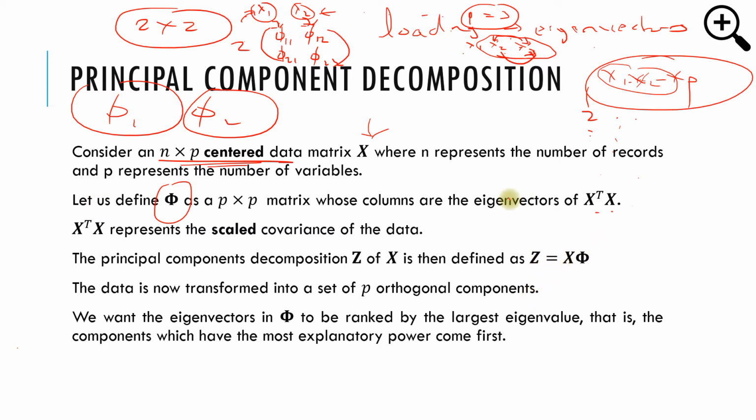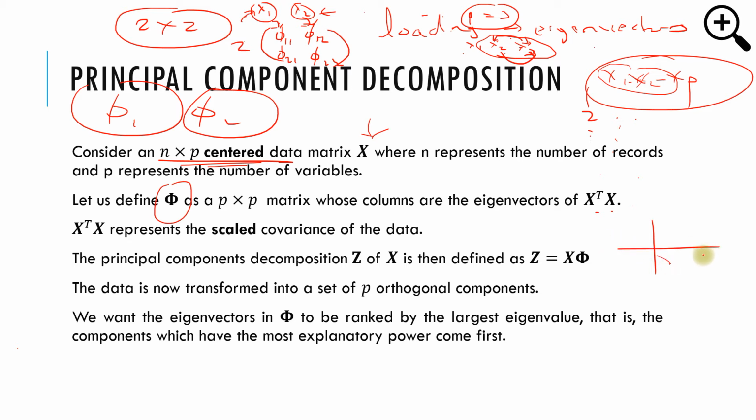That's the only difference. So the data is now transformed into a set of p orthogonal components. Remember that they are orthogonal because if one has explained the maximum variance, we want the other one to be uncorrelated to the previous one. The only way that they are uncorrelated is by being orthogonal.